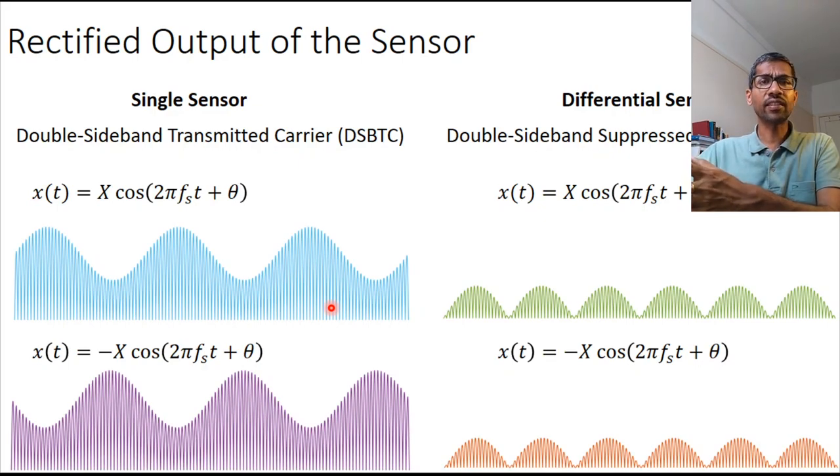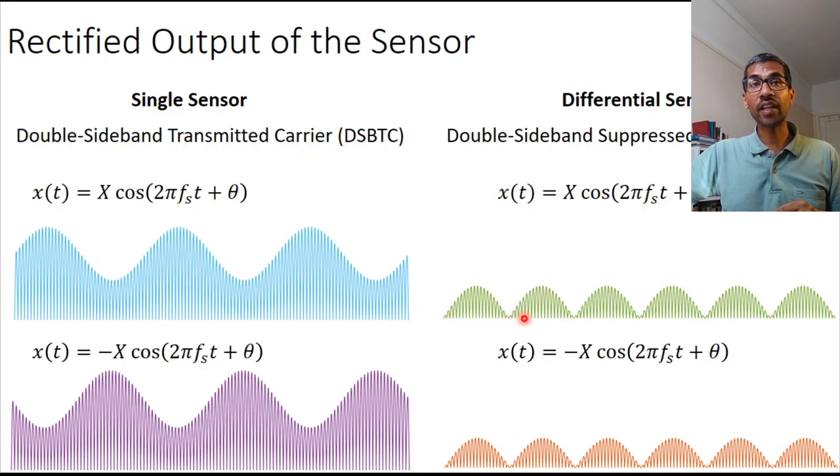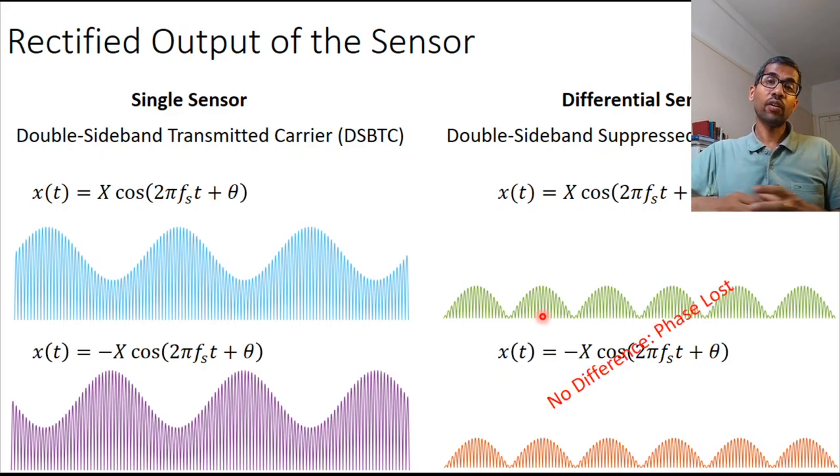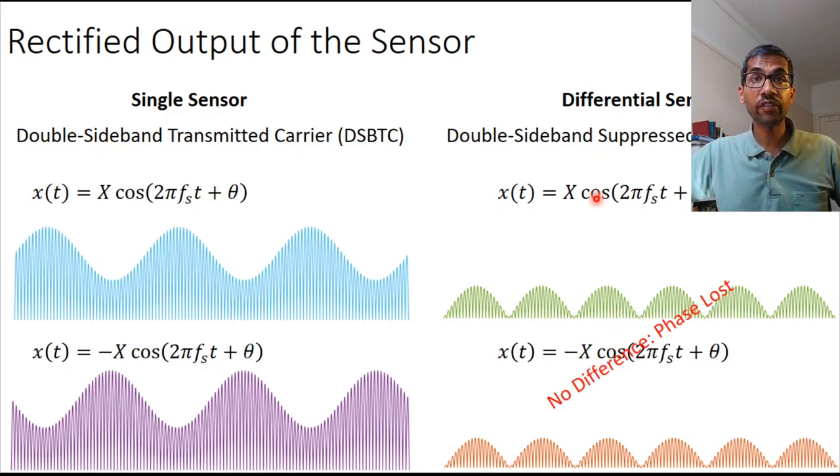But differential sensors have other advantages that we want to keep, like increased sensitivity, linearity, and things of that kind. So how do you actually recover the phase information in a differential sensor? Phase is lost. There is no difference between X and minus X, right? You can see that there is a difference between X and minus X here.